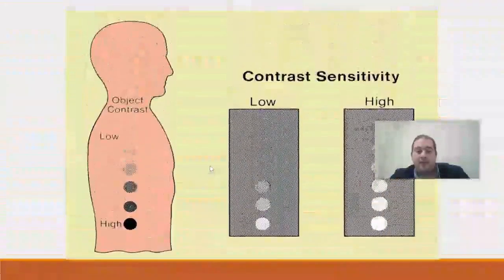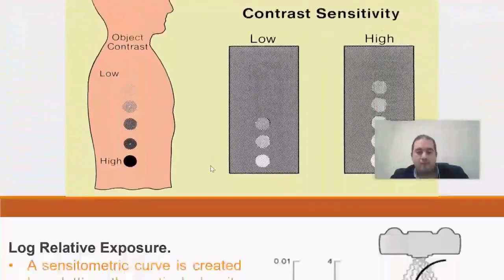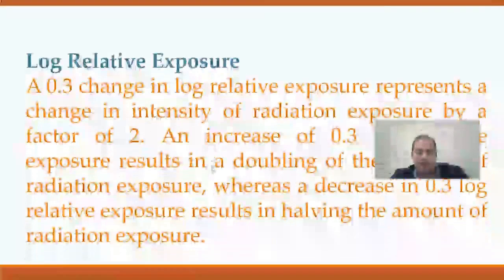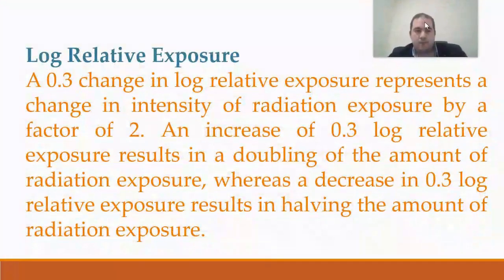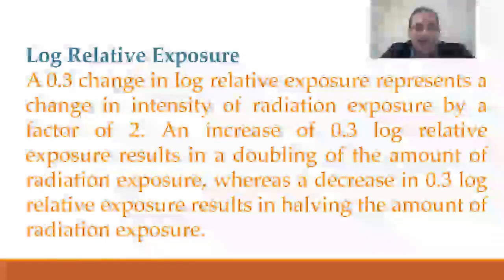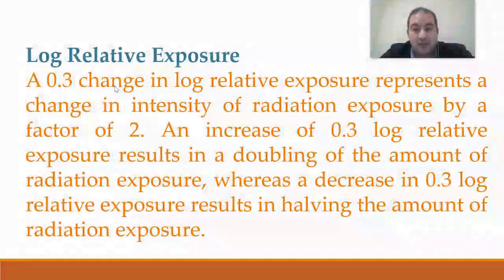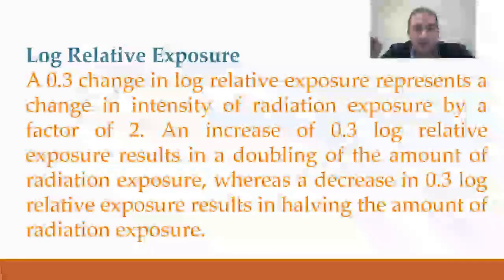Now come here. The 0.3 represents a change in the logarithm. An increase of 0.3 in log relative exposure doubles the amount of radiation exposure, whereas a decrease of 0.3 in log relative exposure means a reduction in relative exposure.